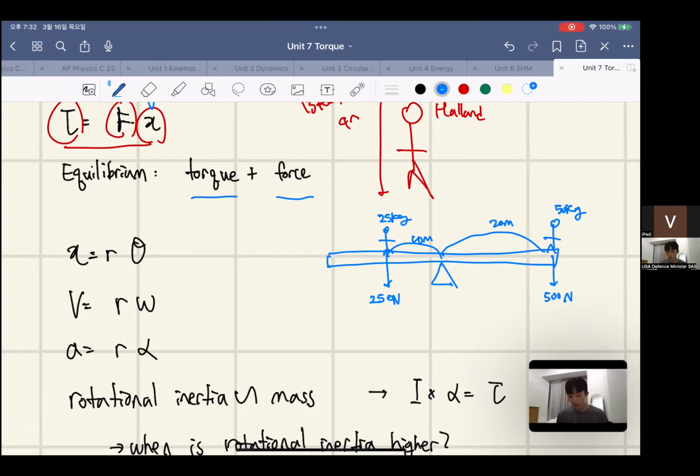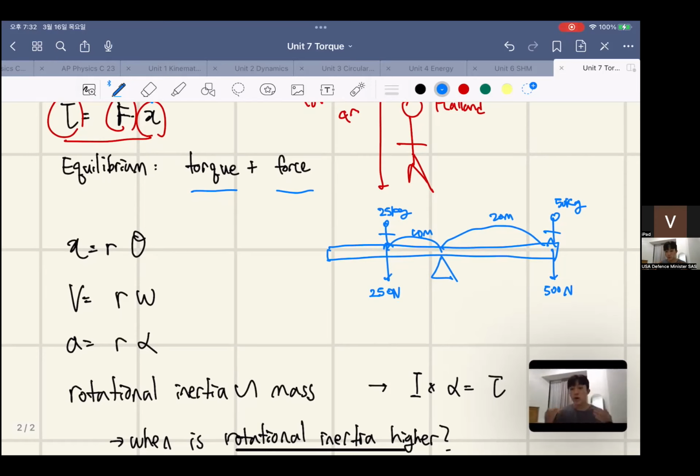Now, if you want a situation where the seesaw is at equilibrium, of course, the vertical force should cancel out and there should be zero net force, meaning that there should be a force heading upward, which is the opposite direction of gravitational force. That upward force, in this situation, would be the normal force caused by this triangular axis in the middle.